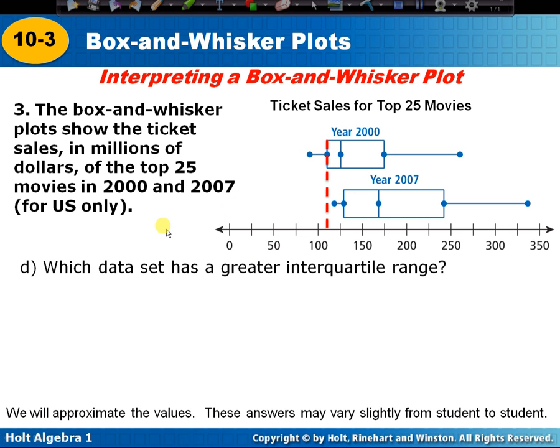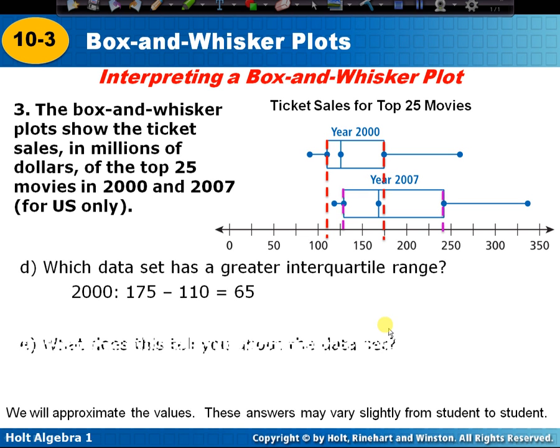Part D says, which data set has the greater interquartile range? All we're looking at here is which one has the bigger box. If it has a greater interquartile range, the box is going to be bigger, because the interquartile range is Q3 minus Q1.